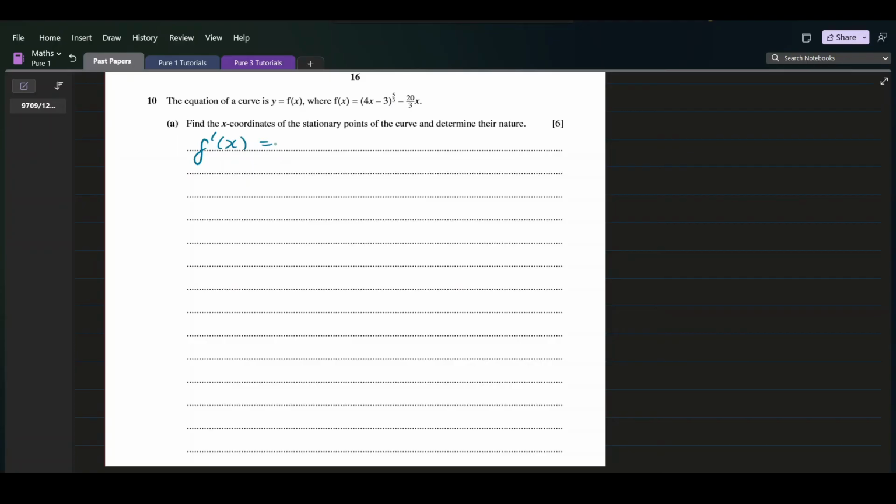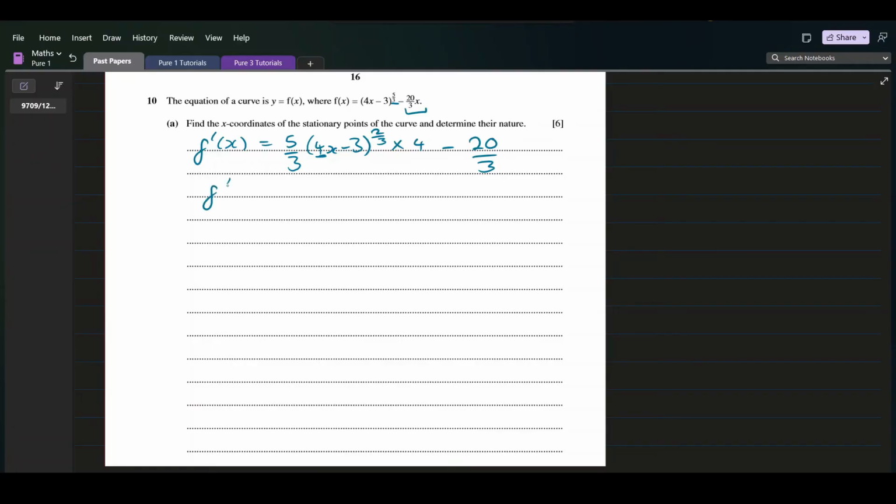If you bring down the power, that's 5 over 3 times 4x minus 3, subtract 1 from the power, that will give us 2/3, and then multiply by the 4. And now if you differentiate negative 20/3 x, you get negative 20/3.